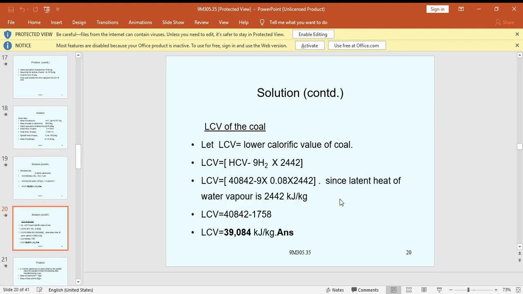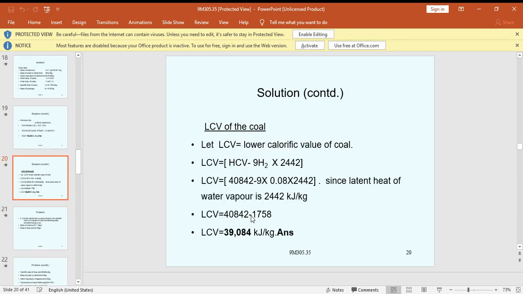Then LCV equal to HCV minus 9 H2 into 2442. LCV equal to 40,842 minus 9 into 8 by 100, that is 0.08, into 2442. That is, LCV equal to 40,842 minus 1754, which is 39,084 kilojoule per kg.